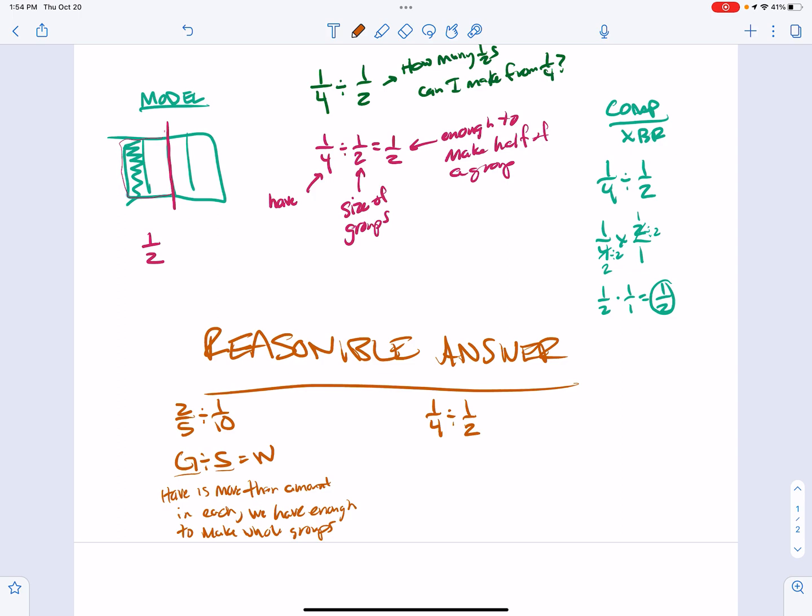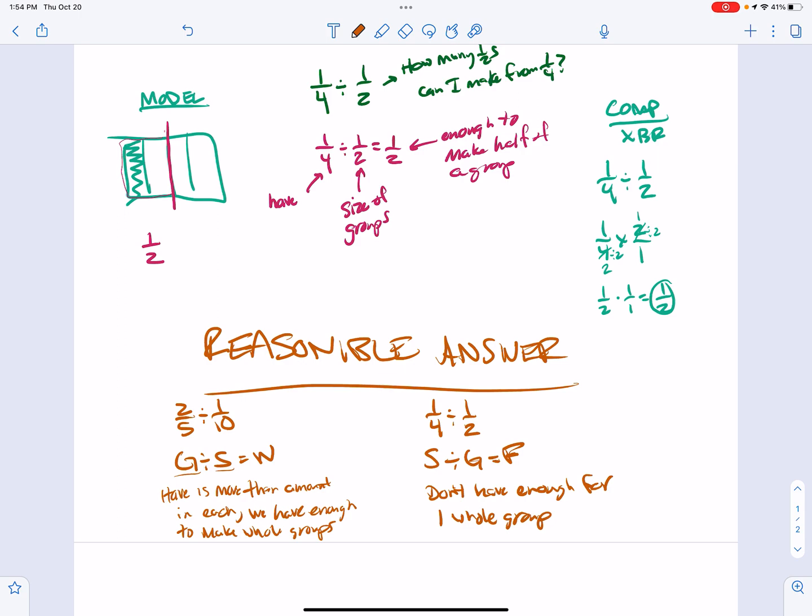But when we have our smaller fraction divided by our greater one, we have less than each group, and so it would make sense that our answer is a fraction. We don't have enough for one whole group. We only have enough for a fraction of a group.